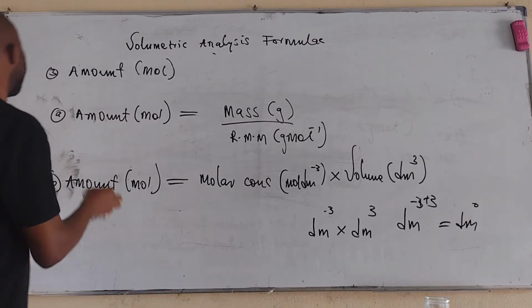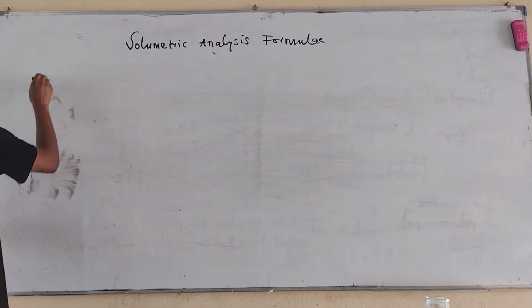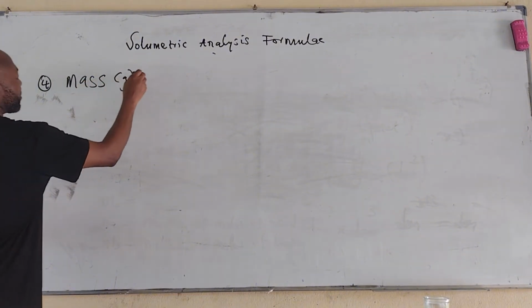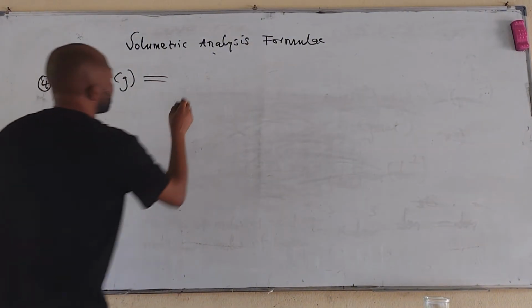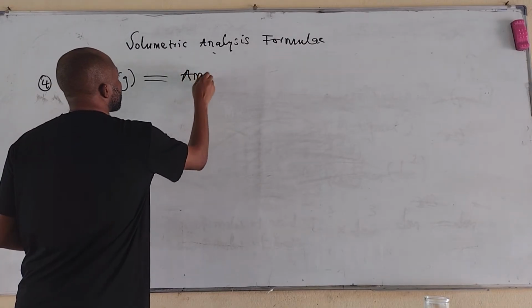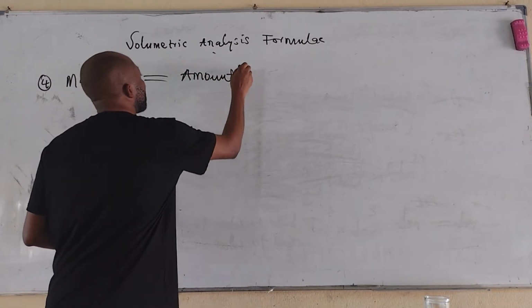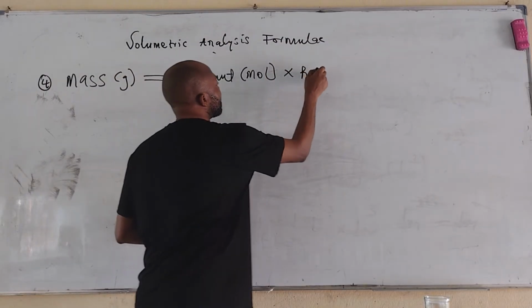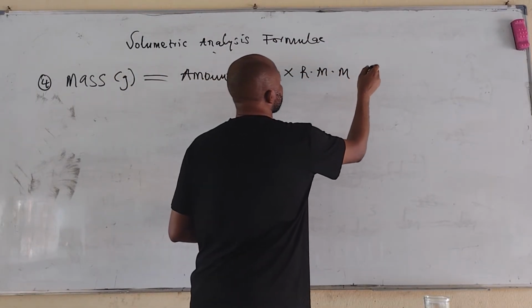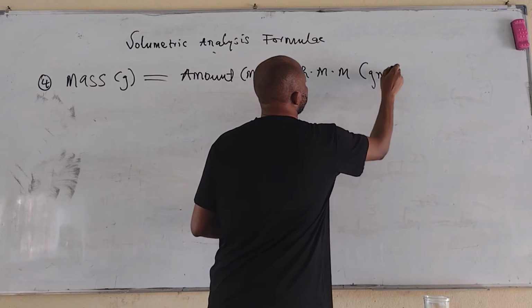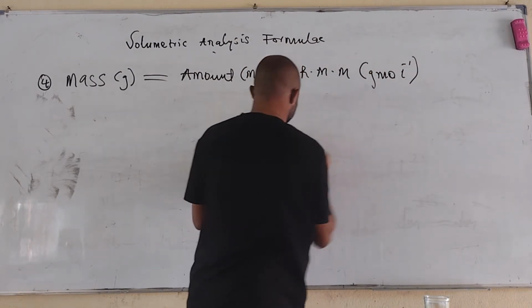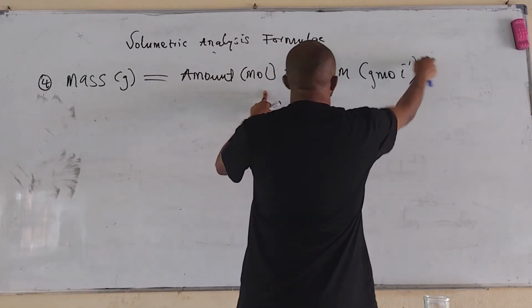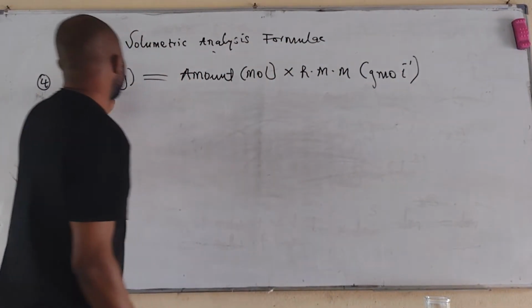Let us look at mass in gram. Okay, that's 3. Let's take the first one. Mass in gram is equals to amount in mole times relative molecular mass in g per mole. Mole will strike out mole. I'll be left with gram for this.